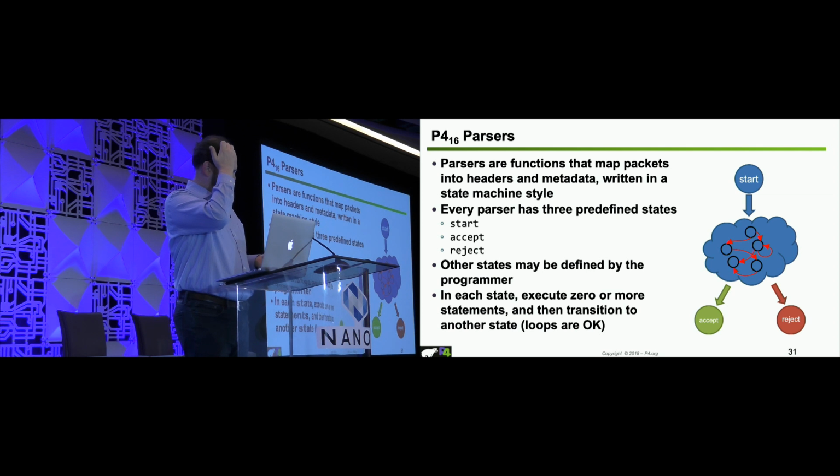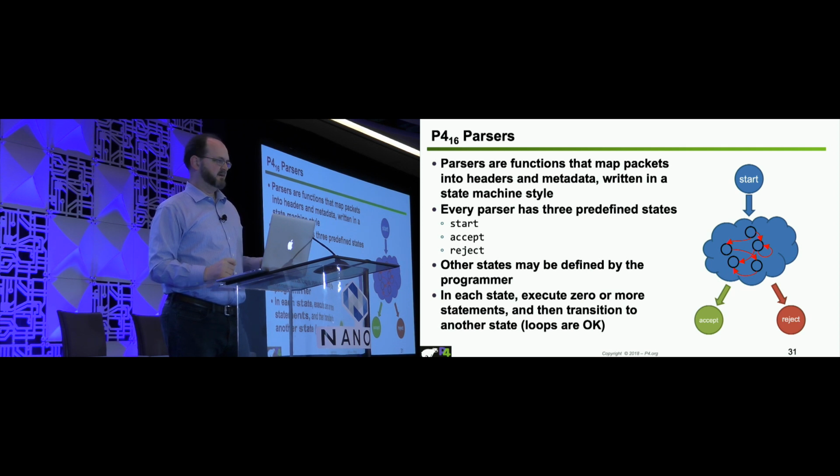Okay, so we're going to actually look at the first example parser here, the exact lines of code we'll need to actually parse some headers, as opposed to the previous program which parsed no headers. So every parser starts in a unique start state, named start. That's hard-coded in the language. There's an accept state and a reject state for every parser, again, hard-coded names in the language.